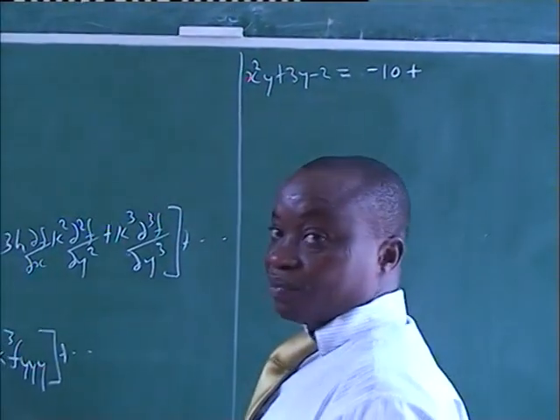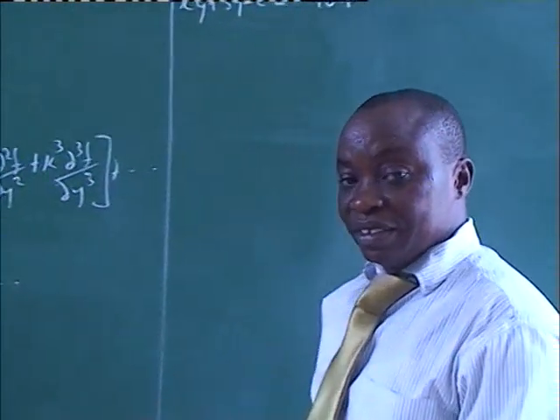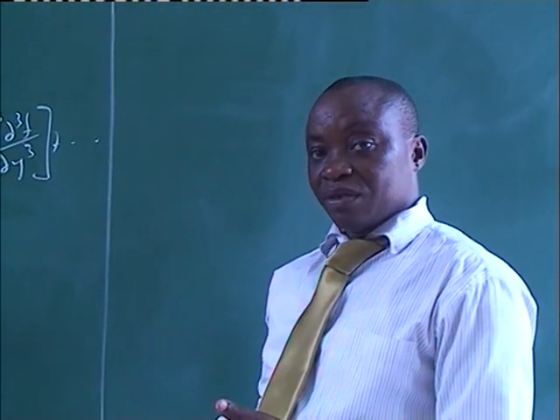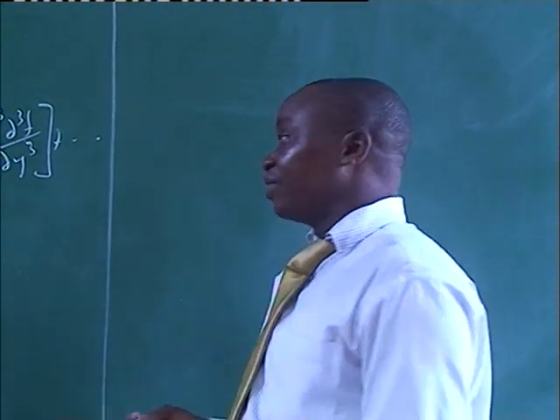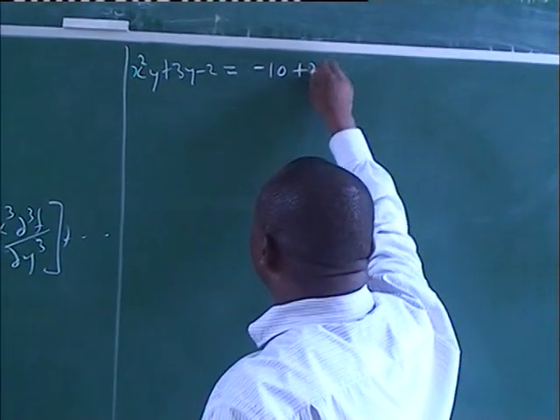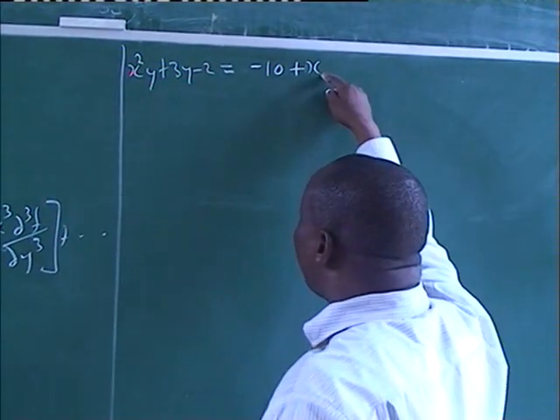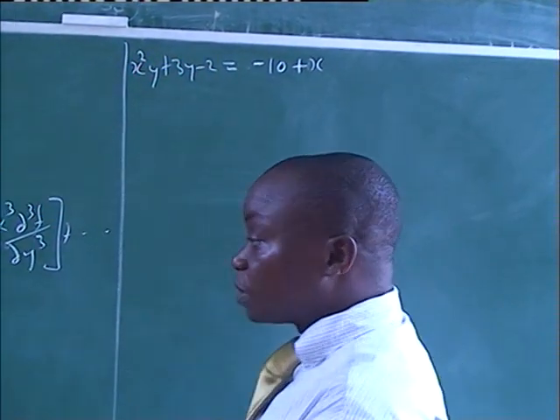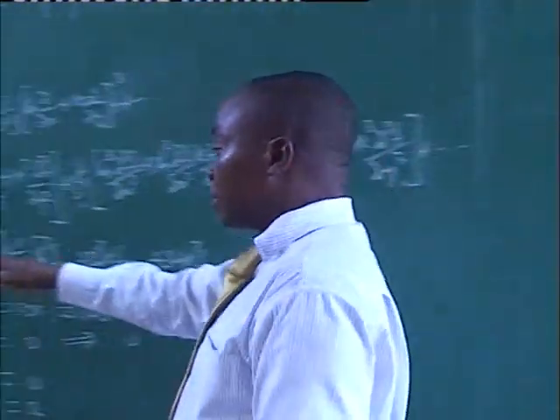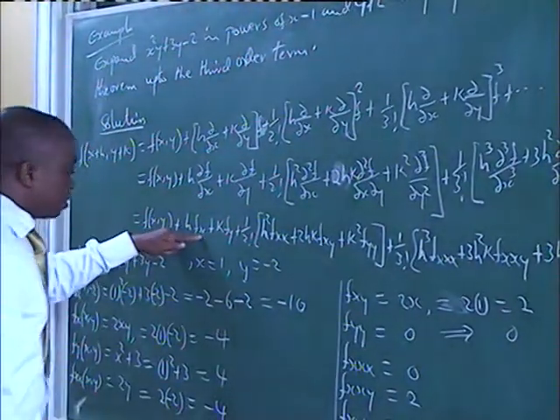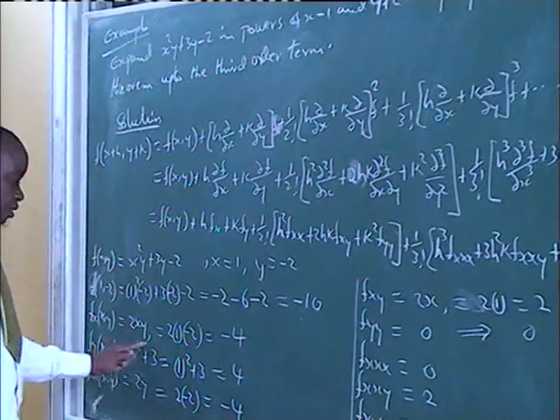Plus h. Now don't forget that h is x, and k is y. So I can try to write it this way. Now I will write it this way: x. Then I look for the first derivative of f with respect to x from the series. You see this term, this place. So what did I have from that place?